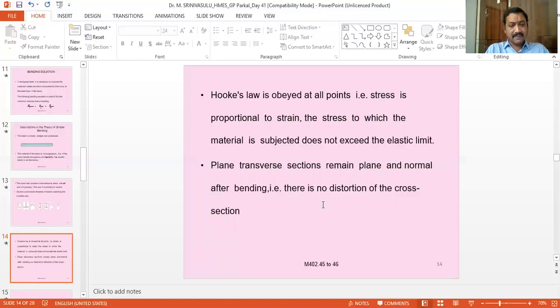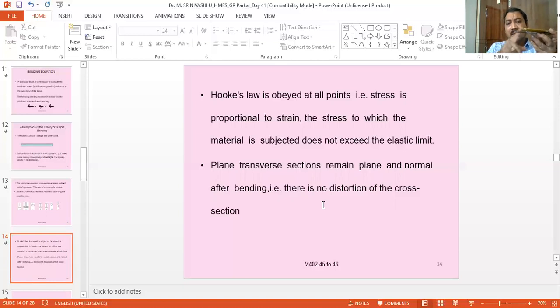Next, the fifth point is that plane transverse sections remain plane and normal after bending. That is, there is no distortion of the cross section. For example, this is the beam, and this beam has a rectangular cross section. This is the length, and this is the width or depth.